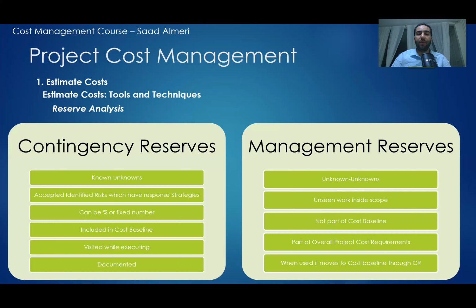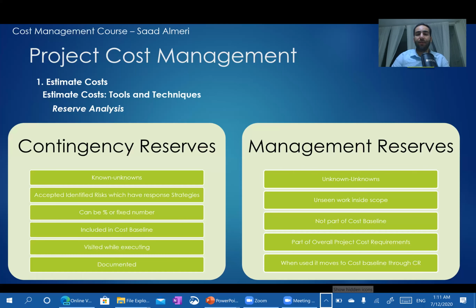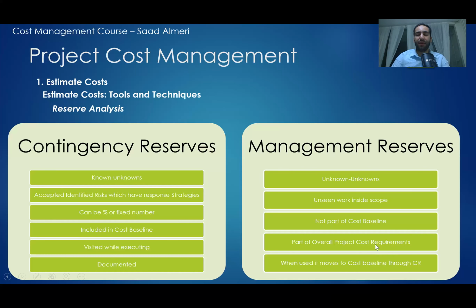Then I need to move the amount of money that I use to cover this risk and add it to the cost baseline. And that should be done through a change request. Change request is something not covered in this course, but I might have some different activities that will lead to change requests, and then we need to focus on them.